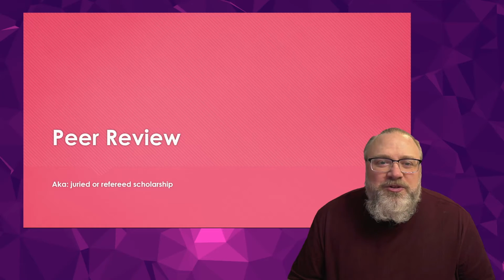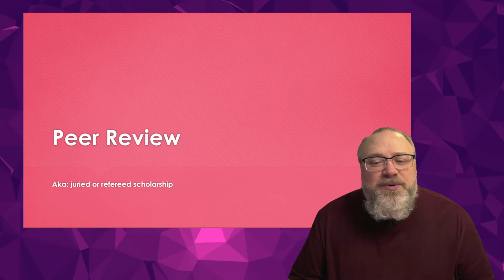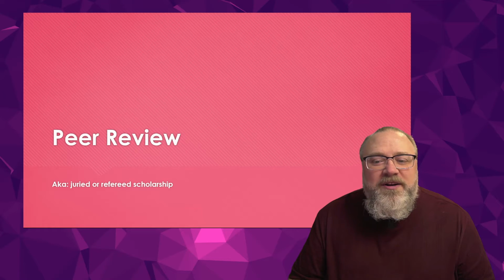Peer review is the process, and this is done at the journal level. So the editors of the journal have a bunch of experts, people who publish in the same field, who are current and up to date and have read all of the important work.